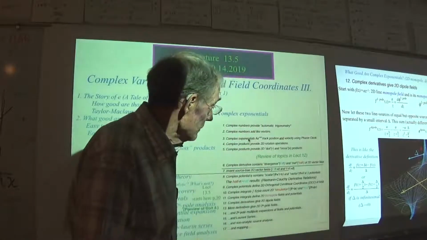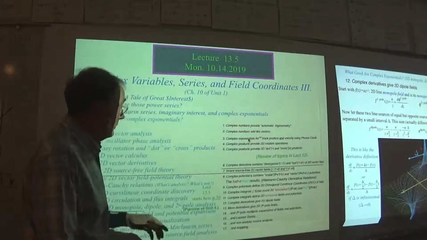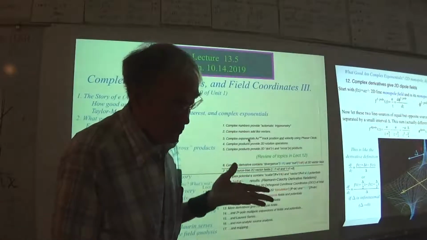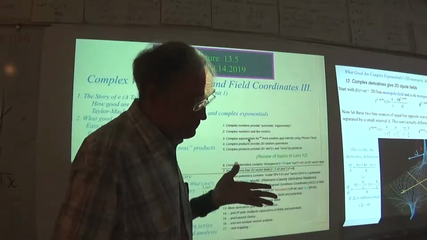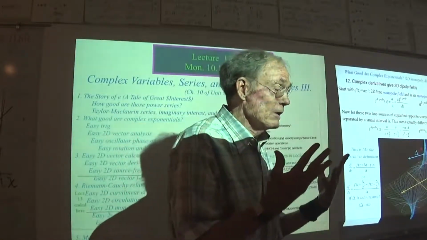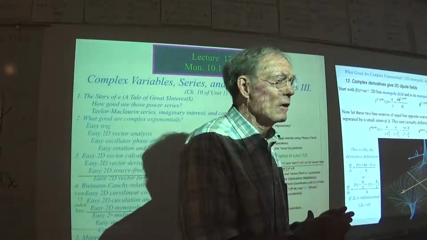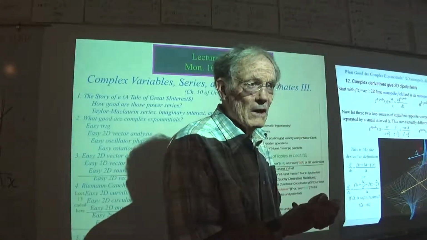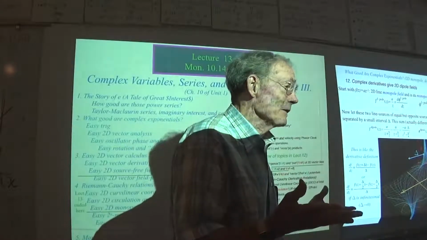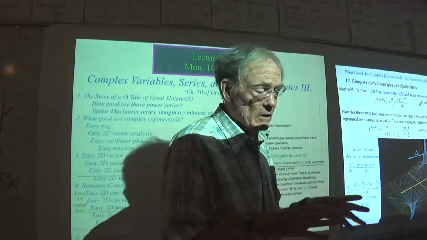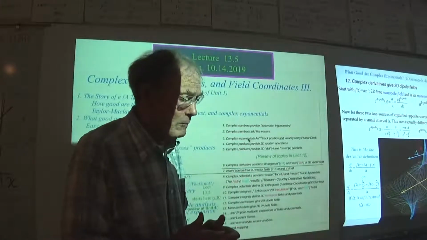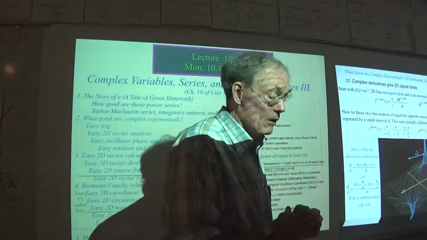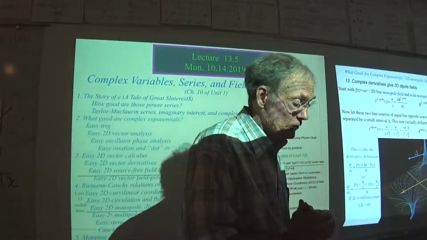And also today I want to talk about the series. We started this lecture with the analysis of how good a power series was for approximating sine and cosine, and then that led to the understanding of complex functions.